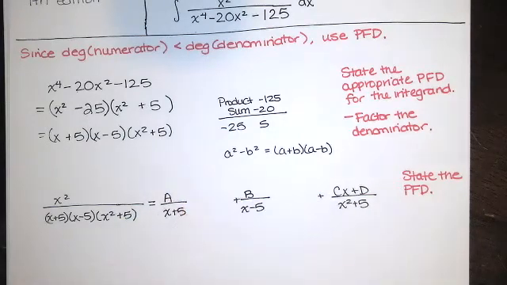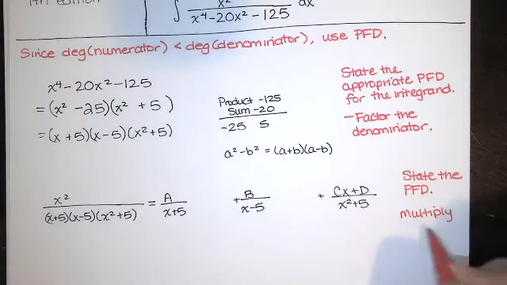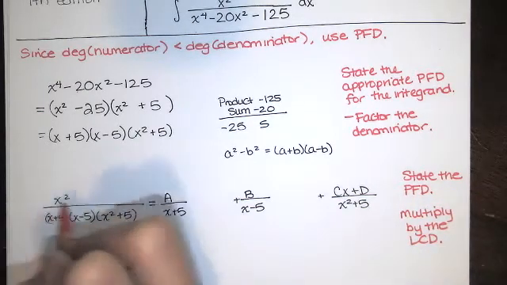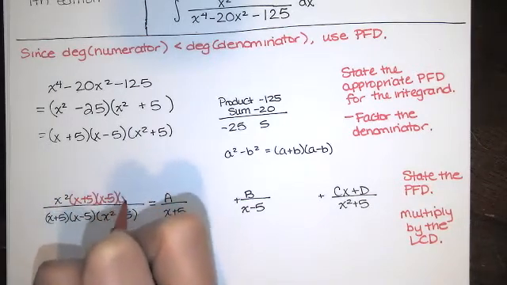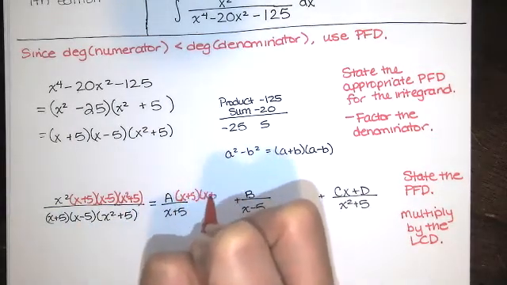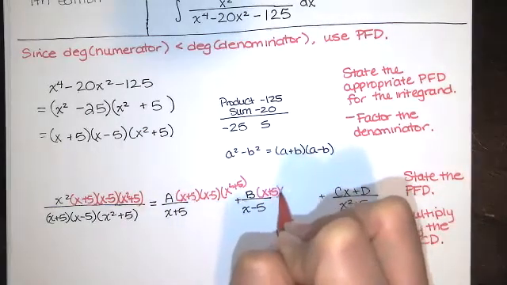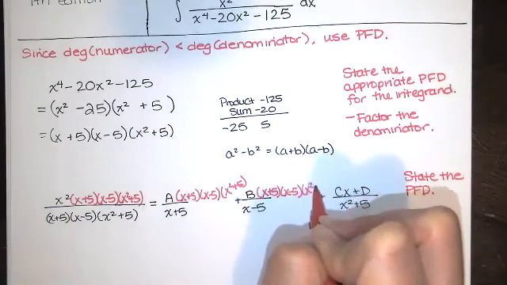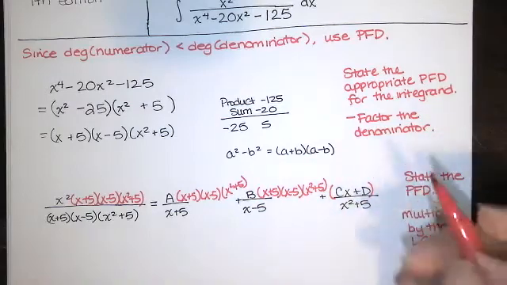In order to find a, b, c, and d, we'll take this equation and we'll multiply by the LCD. And the LCD is always the original denominator. So I'm multiplying everything by x plus 5 times x minus 5 times x squared plus 5 all the way across. And there's not quite enough room over here.